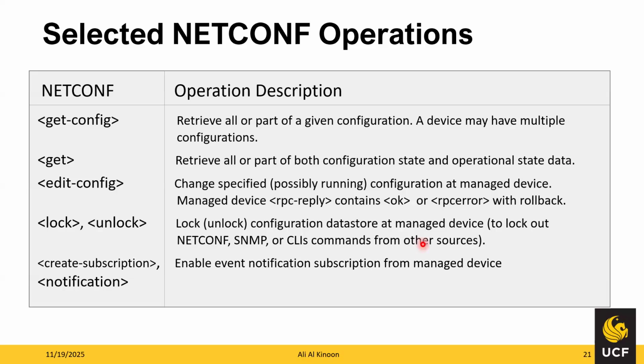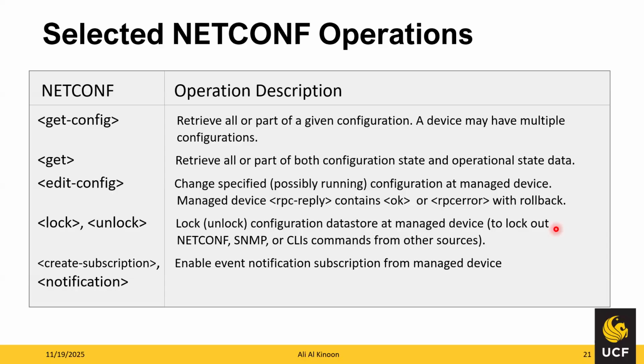Edit-config is usually used to make some modification on the device. After we send the change, the server is going to reply with an RPC reply or OK. That means that the message has been accepted.